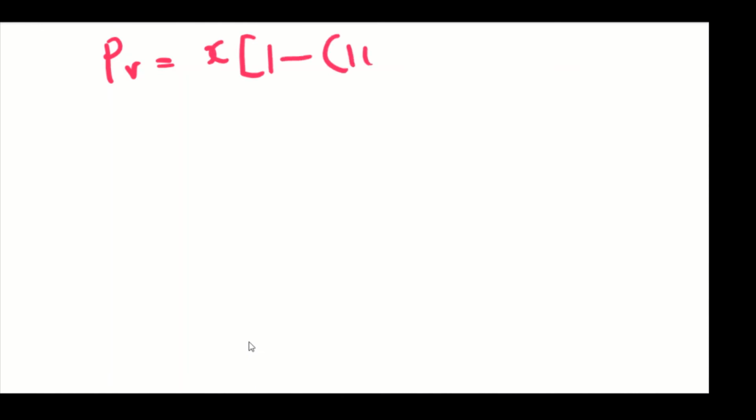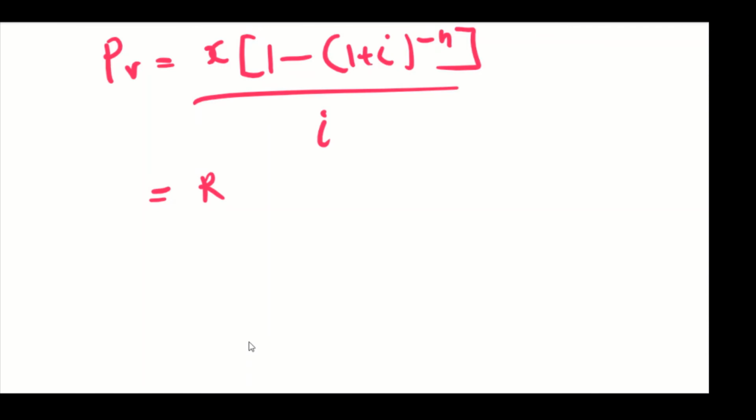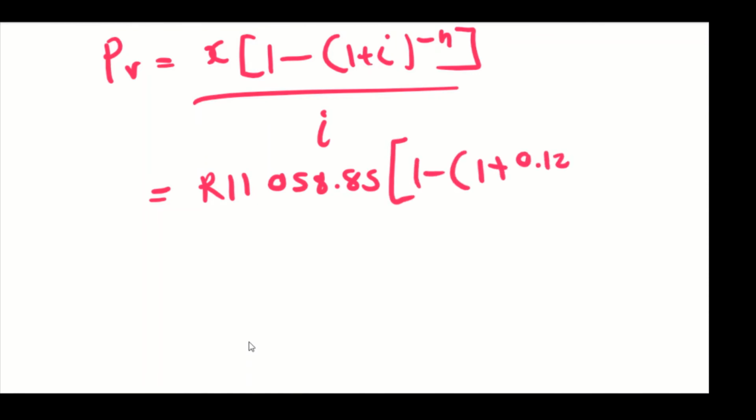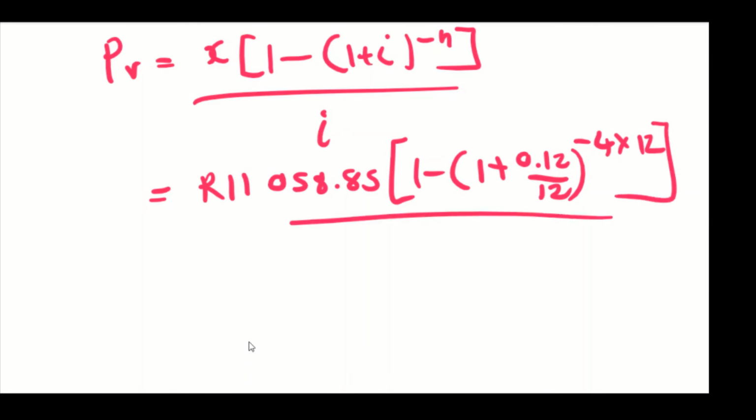We're going to use the present value annuity formula, by the way, PV is equal to x into 1 minus 1 plus i to the power of minus n, divided by i. So how much is being paid? 11,058 rand 0.85 into 1 minus 1 plus the interest rate, 12% compounded monthly, to the power of minus, as I said, 4 years multiplied by 12, divided by 0.12 over 12.